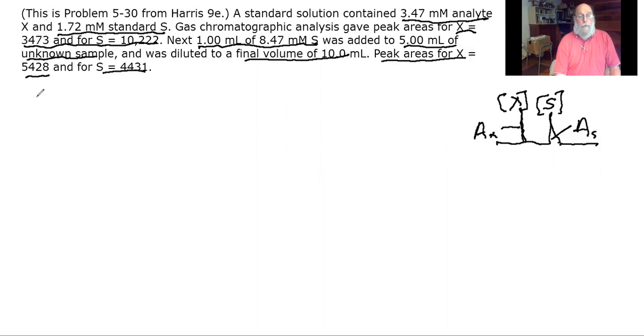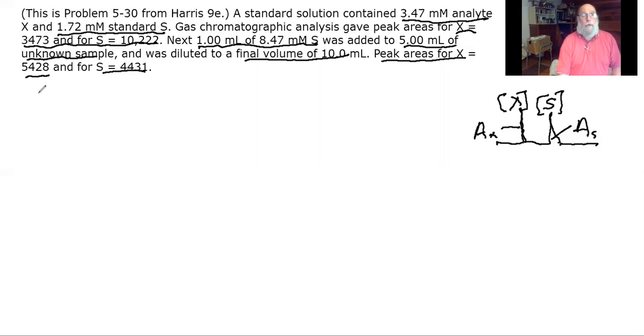So the first thing we do is we take standard material, standard analyte, and standard S, the internal standard, and you measure one or more mixed standards. There's a number of ways to do this. We're going to do it with a single standard, though you would certainly want to replicate.